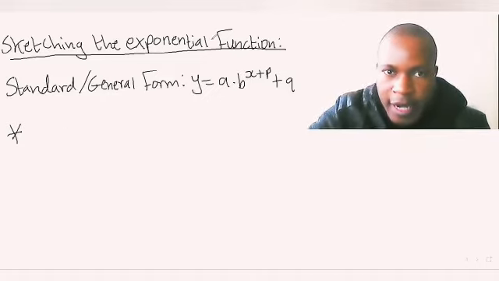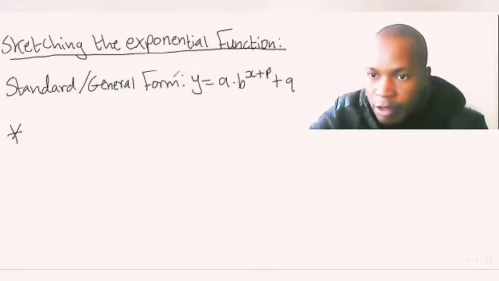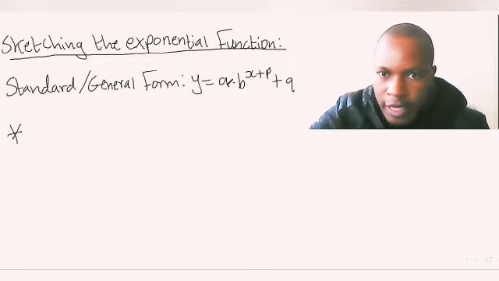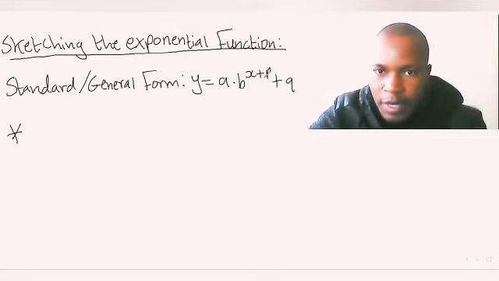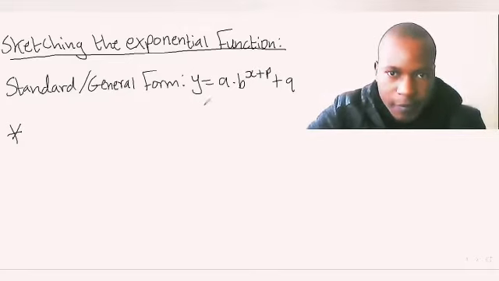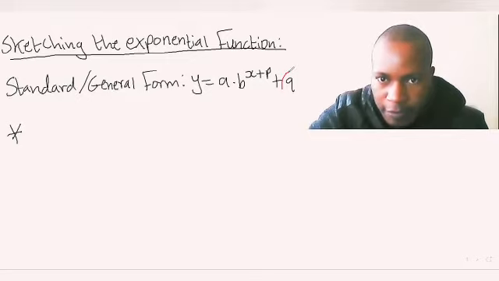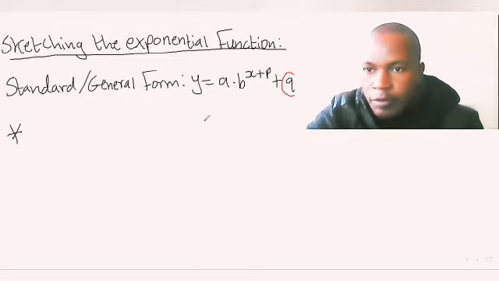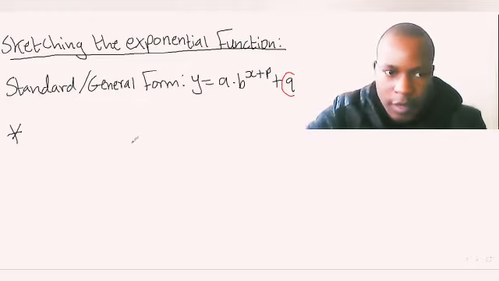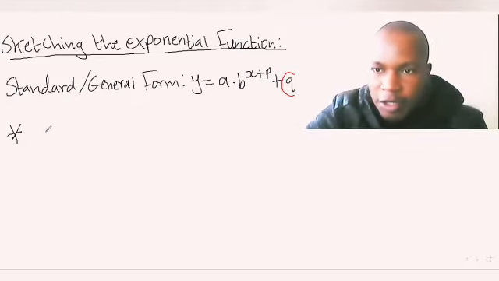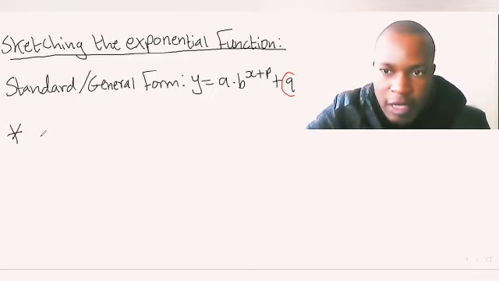Remember that we are sketching the exponential function of the form y equals a times b to the power x plus p, plus q. And remember that this q over here would be the asymptote. The asymptote is just the line that the graph itself will not touch.